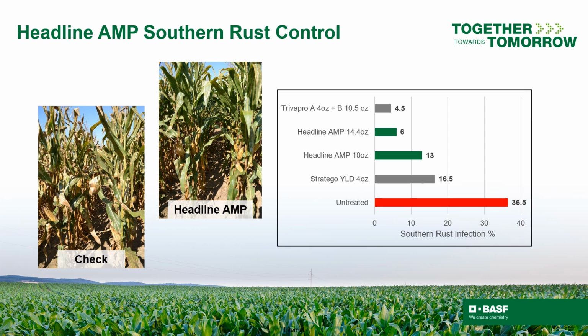And you can see that Headline AMP at the high rate of 14.4 fluid ounces per acre does a really good job of controlling southern rust, even compared to a product such as Trivapro. And at the end of the day, Headline AMP at that high rate actually ended up being the highest yielding treatment out of that trial as well. So you can see that Headline AMP across some very key diseases does a really good job of providing quality control.